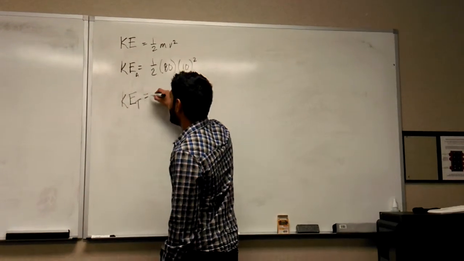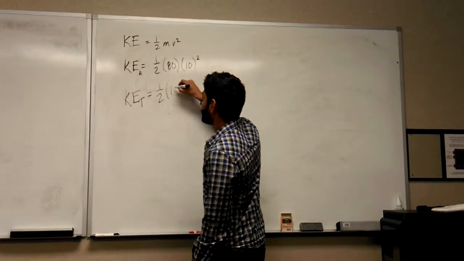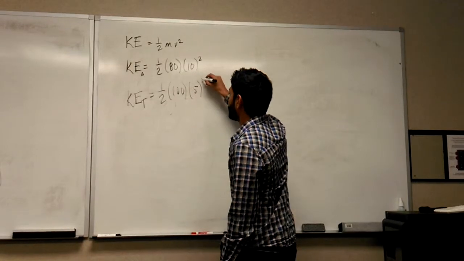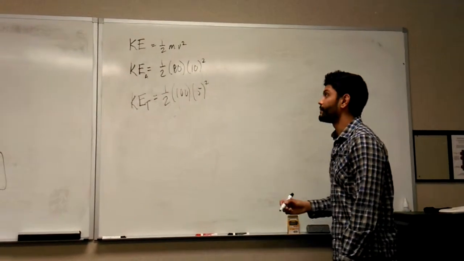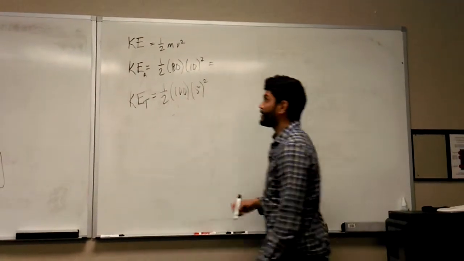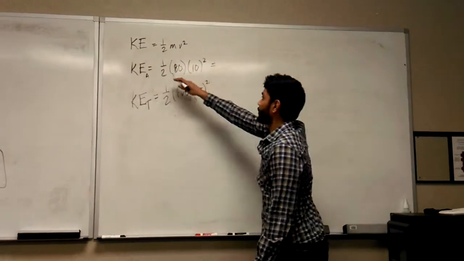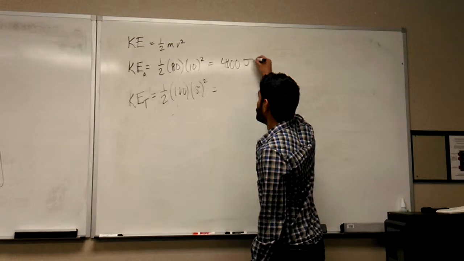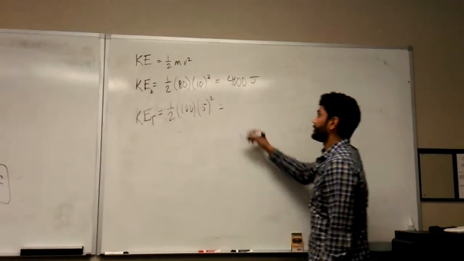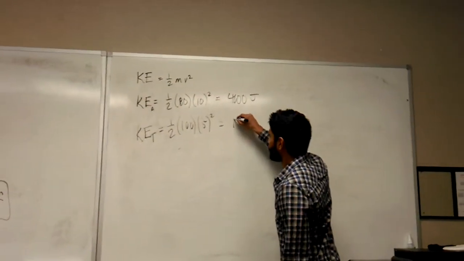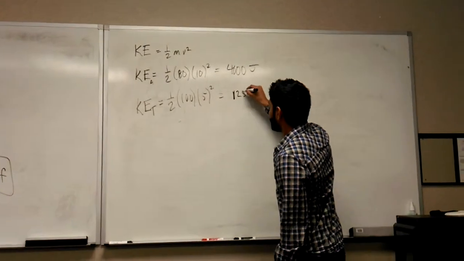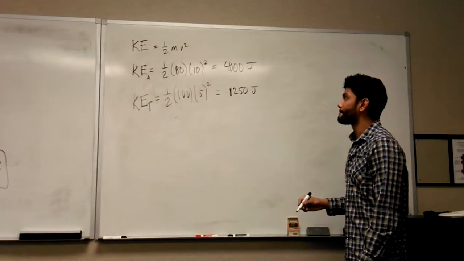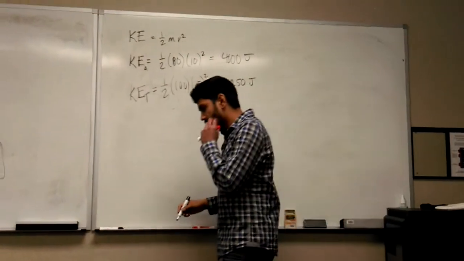Kinetic energy for Timothy, 1/2 times 100 times velocity squared. Solving this out, we get 4,000 joules, and we get 1250 joules.